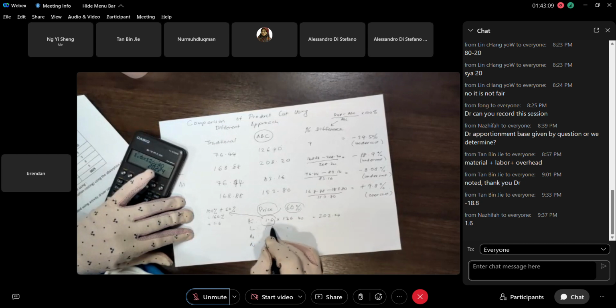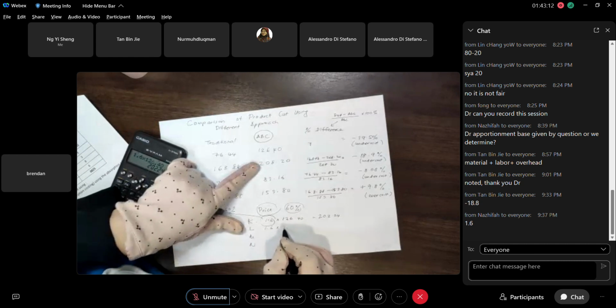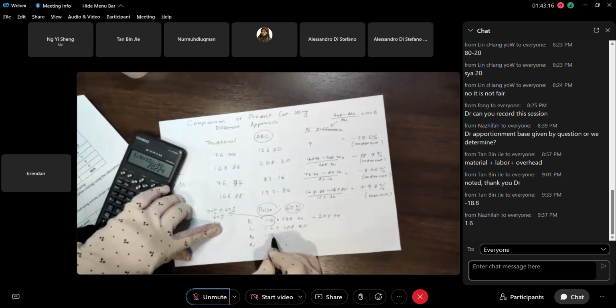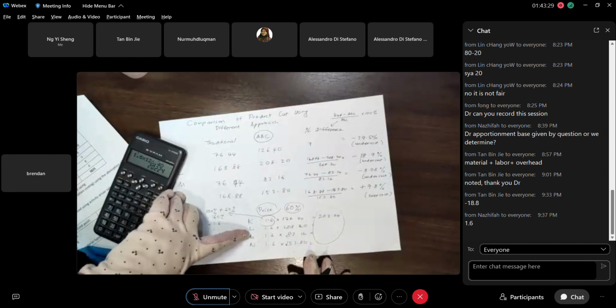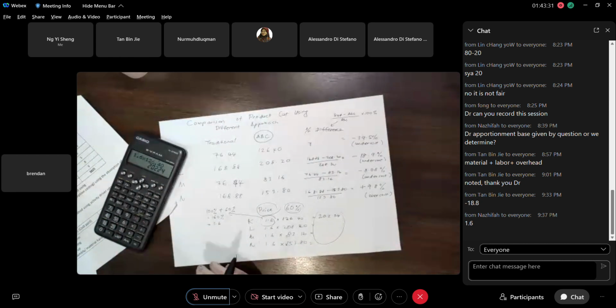Same as this one, 1.6 times 208 and 20. 1.6 times 83.16. You get this is the price for the. Okay. Okay, nampak dah ni 1.6 najifah tulis 1.6.